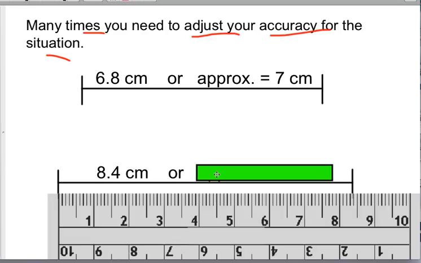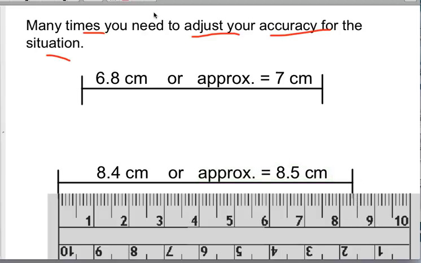So we could actually round this to the nearest half and just say it's approximately 8 5/10 of a centimeter, versus rounding it down to 8. And that's a level of accuracy. So we could round this to 8, we could take it precisely to 8 4/10, or we could round it to 8 5/10 to the nearest half centimeter, which is what we did.